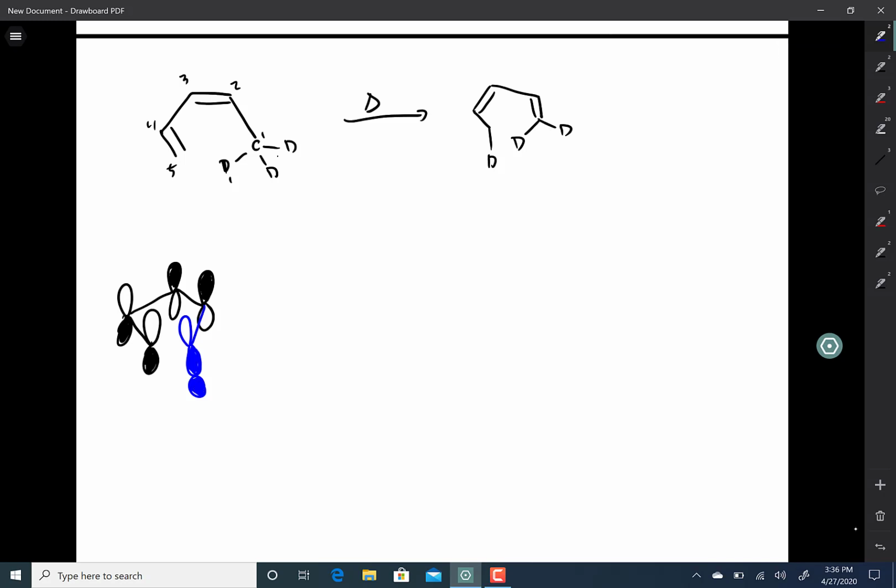Now if you take a look, this is shaded. It starts out on bottom. And it's shaded. This is the orbital that's going to take it, because it's also shaded. It ends up on bottom.